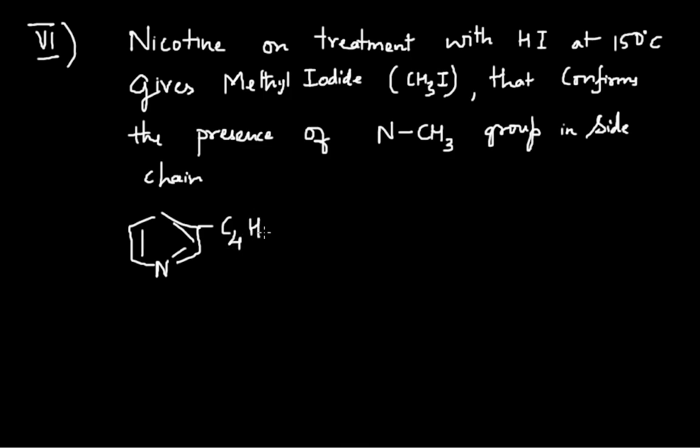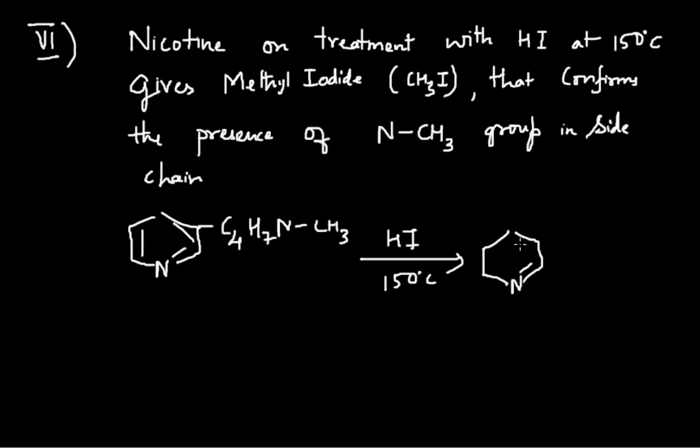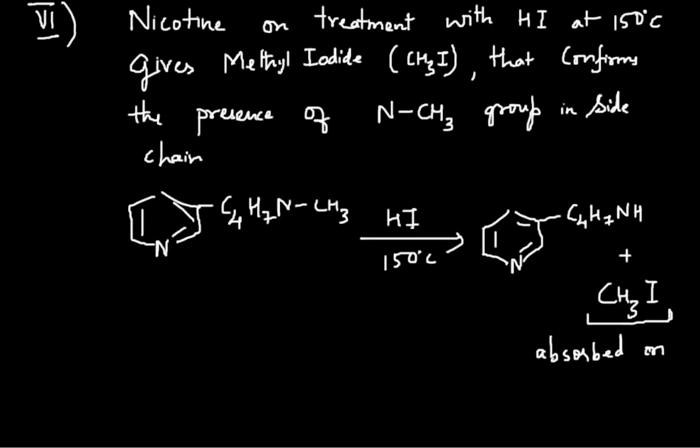C4H7, then CH3. Now this positive reaction shows that there is a presence of methyl iodide. This methyl iodide is absorbed on silver nitrate, AgNO3.